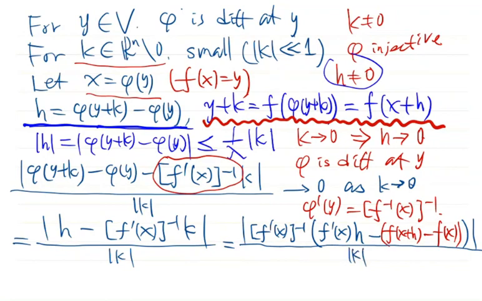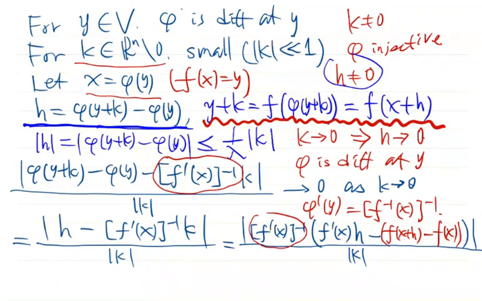Then we use the definition of matrix norm. The numerator is the inverse matrix multiplied by the vector, and we take the norm.